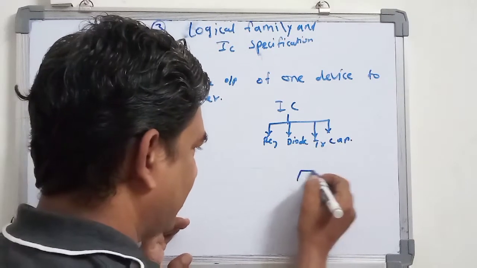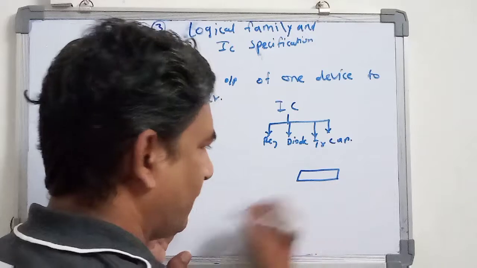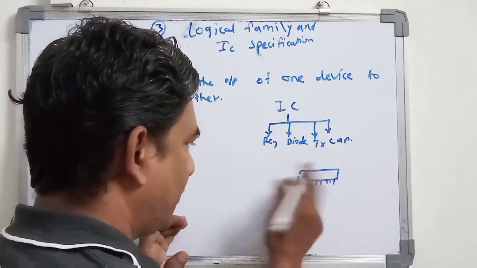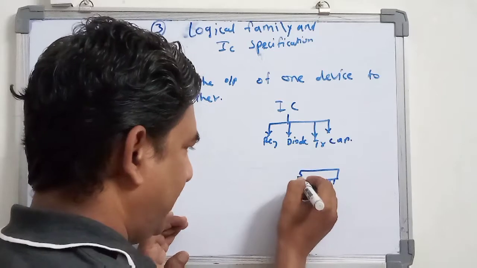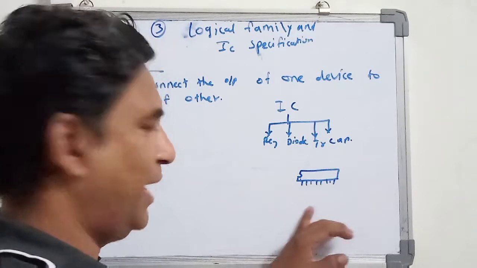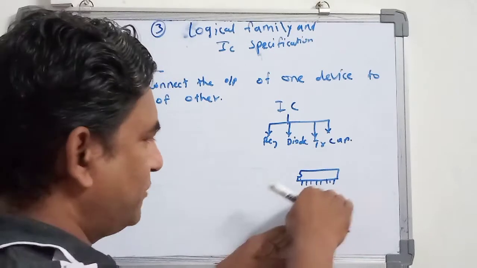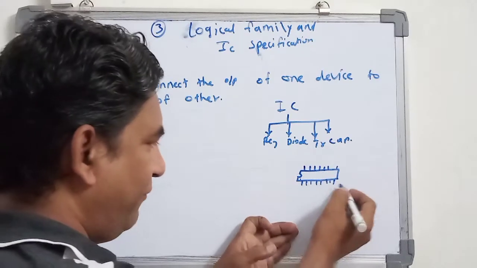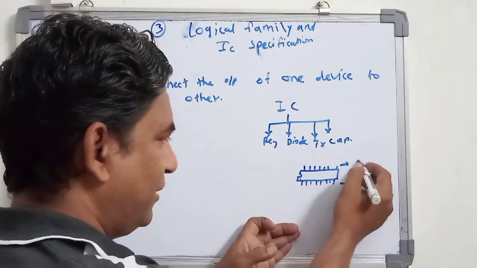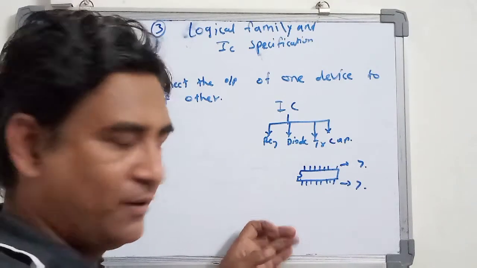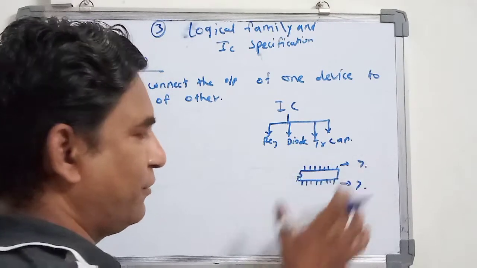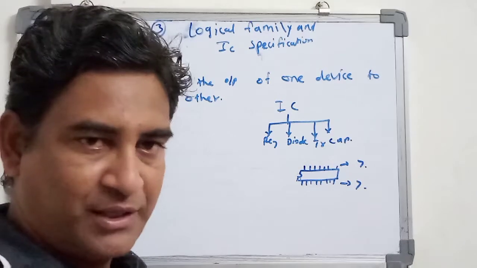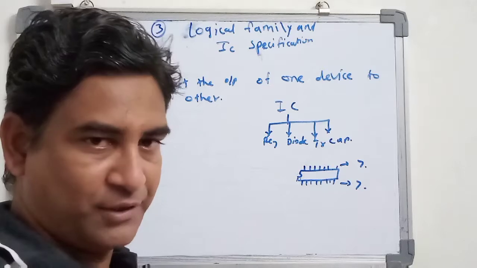It will look like this: a small IC which consists of pins like this. Here there is a notch and here there is a dot. These pins are opposite also; if it is 7 pins here, then there are 7 pins on the other side. So you may say that it is a 14 pin IC. When you observe that IC, it will look like this only.